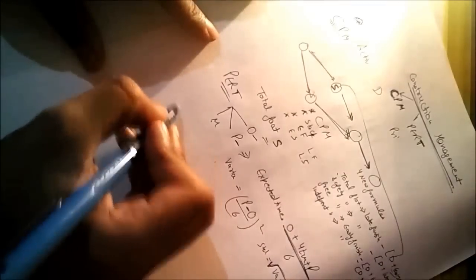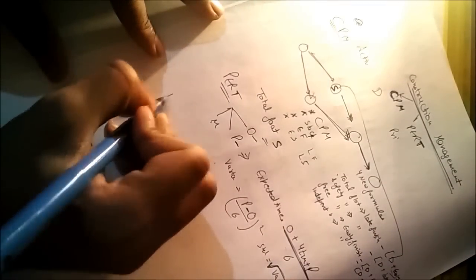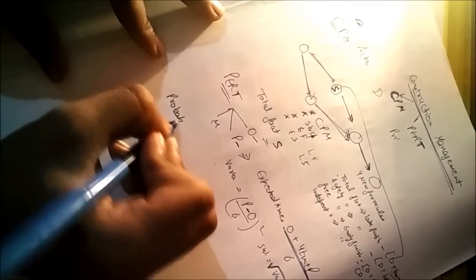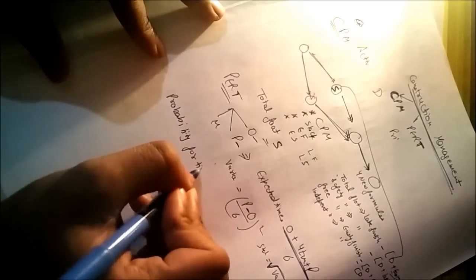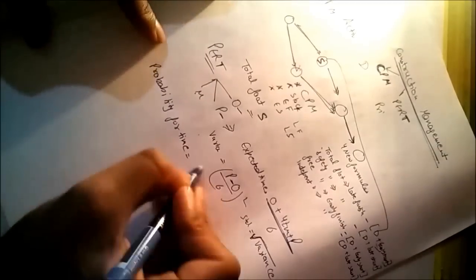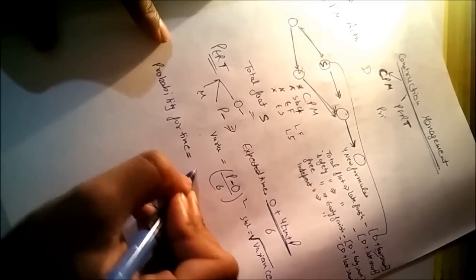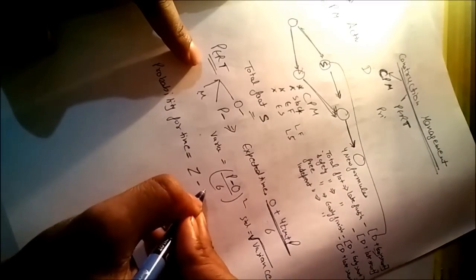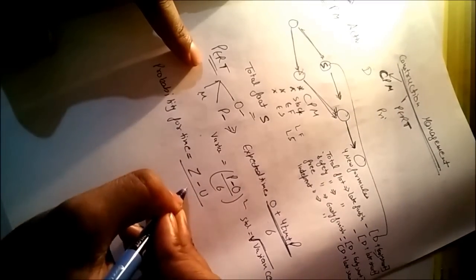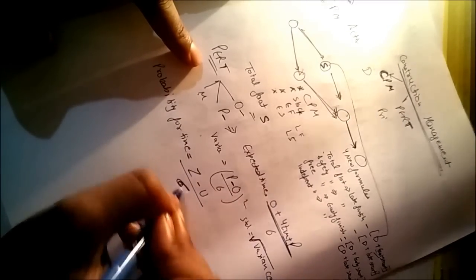Now one more question which can come is the probability for the time. The formula for this is expected time minus probability time upon standard deviation.